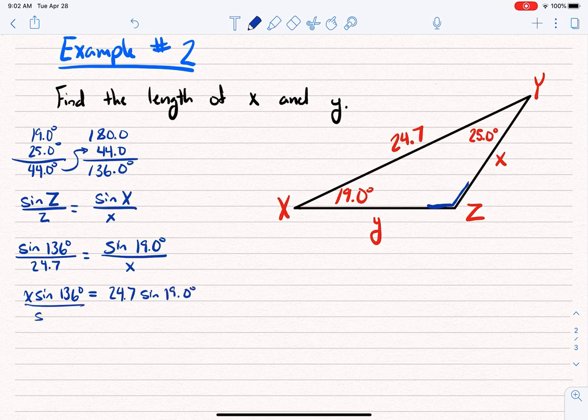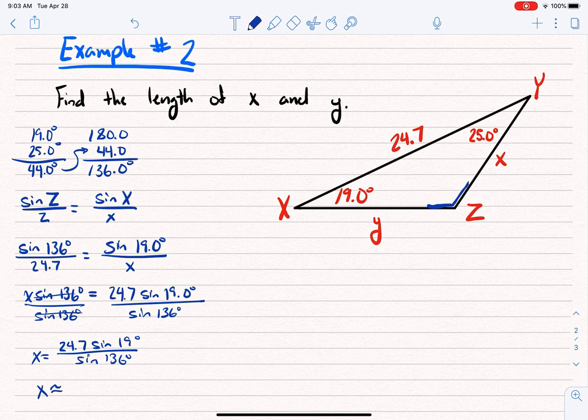And then I have to divide both sides by the sine of 136, and these would cancel out. And I get that x is equal to 24.7 times the sine of 19.0, divided by the sine of 136.